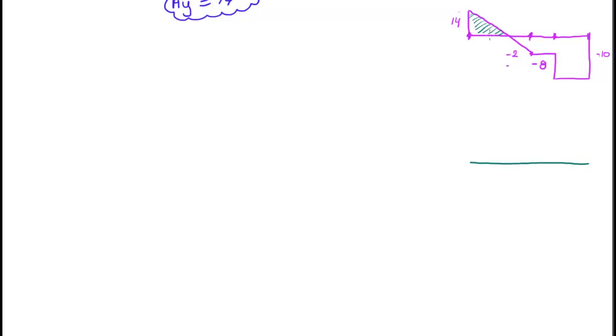So if I have a way of calculating this area as a positive area, and then calculate this area, and then that, and then that, I'll end up having the whole bending moment diagram. Okay, so again, what are the important points now? Of course, it's the beginning and the end of the beam.